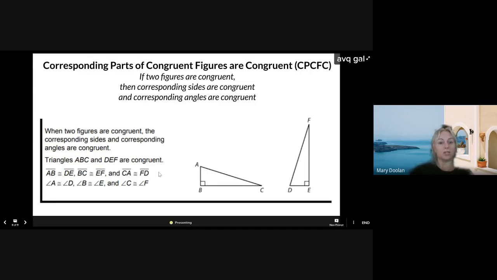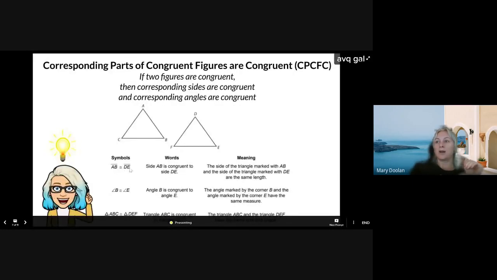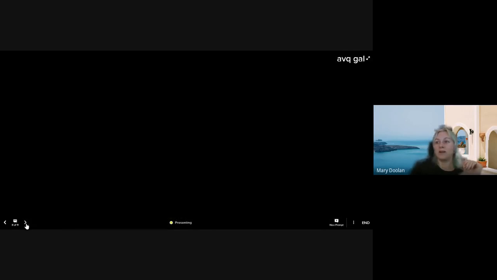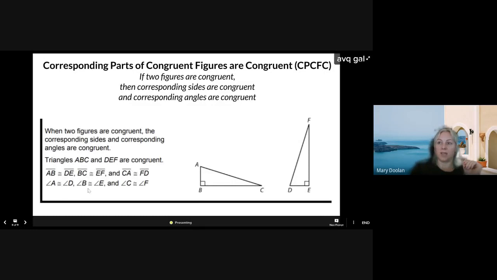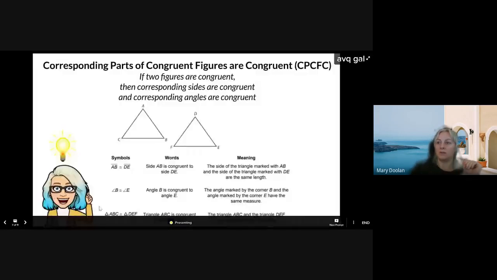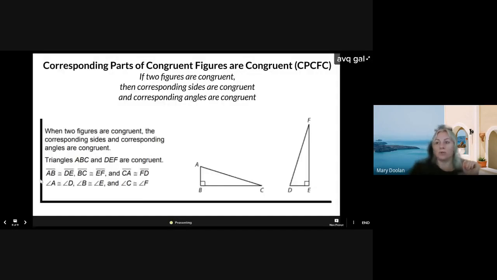And that's all notation. If you wanted to write that out, you'd have to write all this wordy stuff 3 times just for that. And then the angles that are congruent, same thing here. It'd be writing this 3 times and this 3 times. That's so much writing. But this is so much more concise and neat, and it's really cool about math notation.